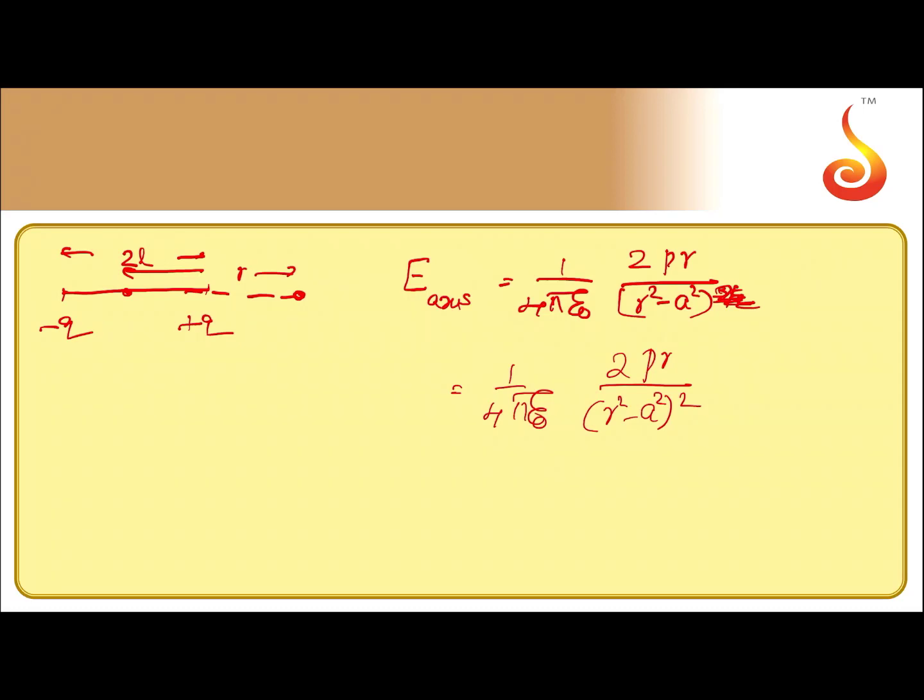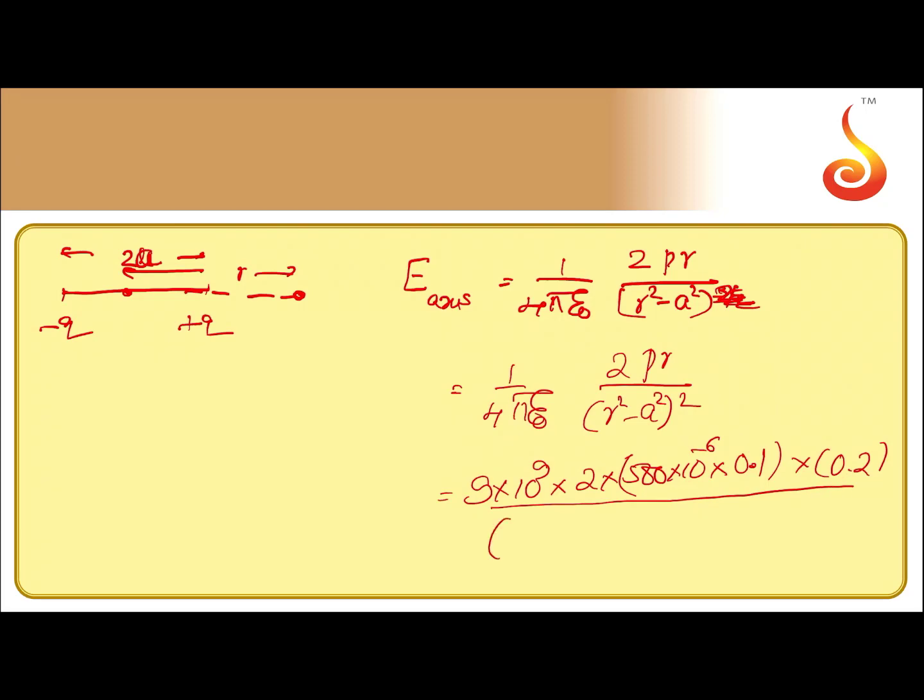R is this distance, and here we can take the separation as 2a. Thus, this becomes 9 into 10 to the power of 9 into 2 into dipole moment, which is charge into charge separation, 0.1, because the dipole length is 10 centimeter, that's 0.1, and this is at a distance of 0.2 meters, whole divided by R square.